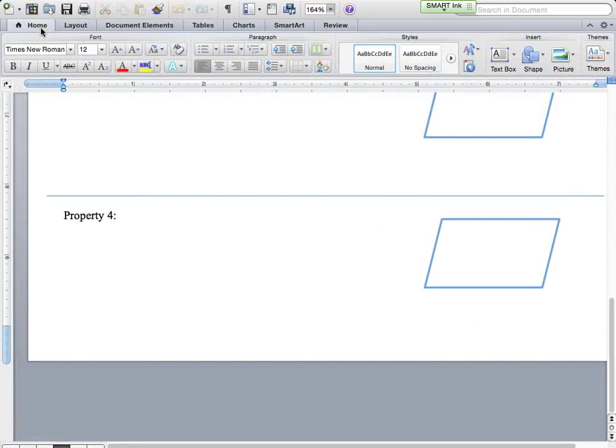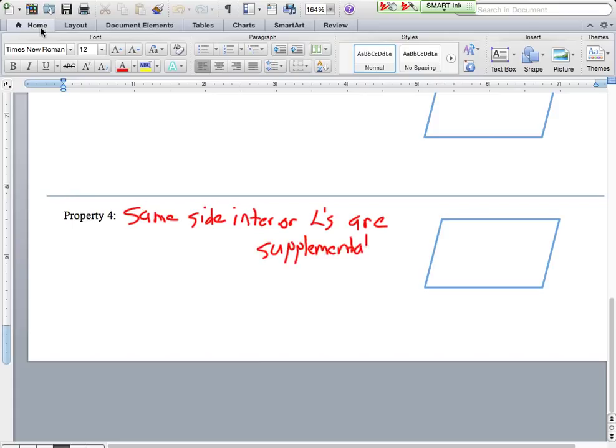All right, so the fourth property of parallelograms is same side interior angles are supplemental. Okay, and remember, supplemental means they add to 180 degrees.